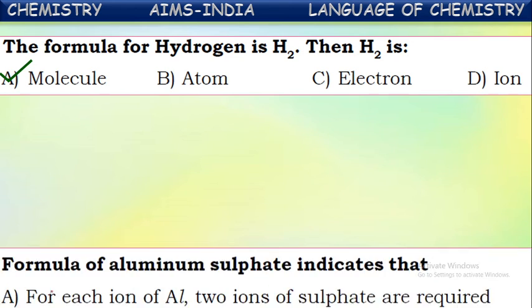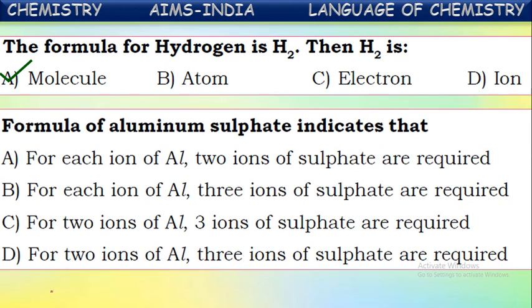Okay. Next one. Formula of aluminium sulfate indicates. Aluminium sulfate. Can we try to write the aluminium sulfate formula? We know the ion formed by aluminium is Al plus 3, and the sulfate ion or sulfate radical formula is SO4 minus 2.